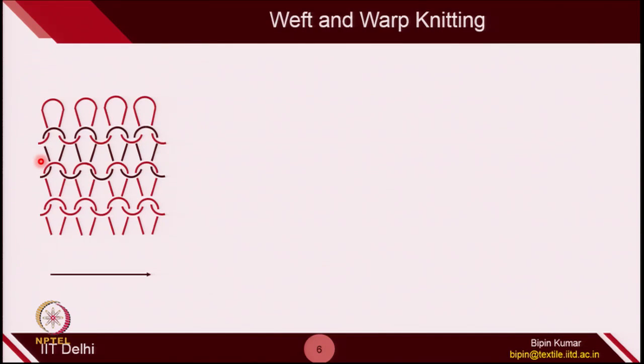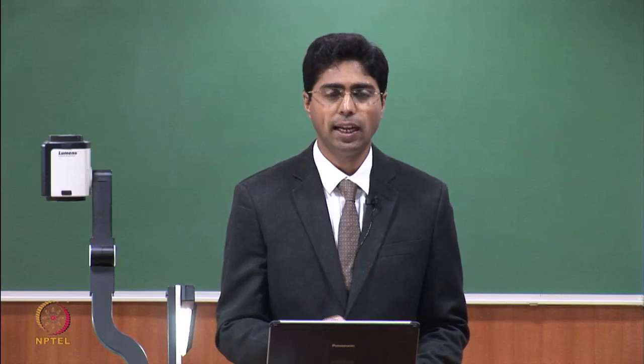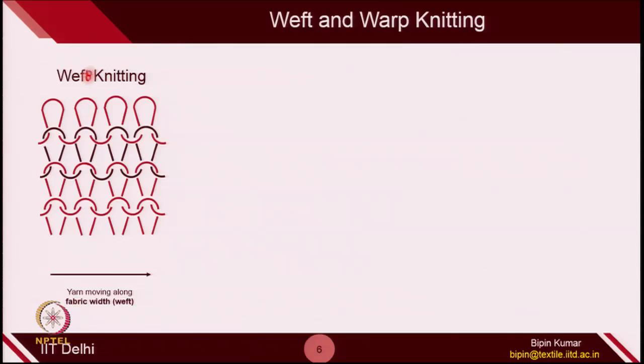So the movement of yarn is from left to right or right to left, along the width of the fabric, and in woven fabric usually the weft follows the width direction. That is why this kind of knitting, in which the yarn follows the horizontal or width direction, is called weft knitting, because it is synonymous with the weft of woven structures.